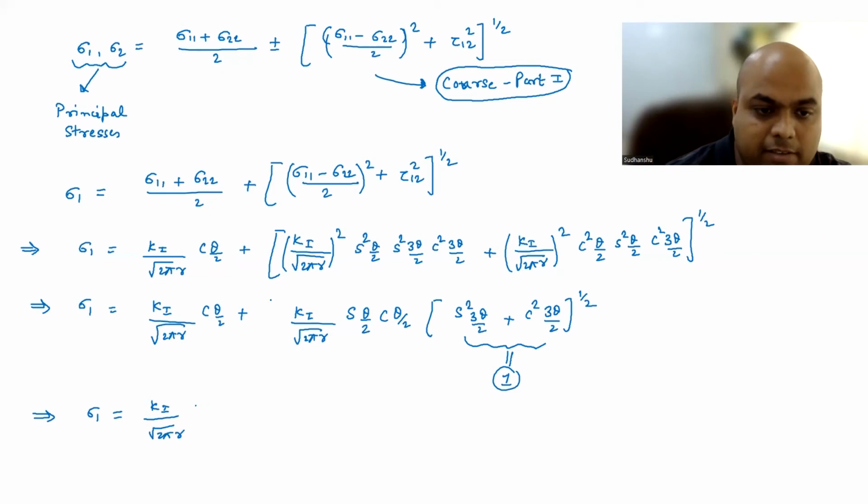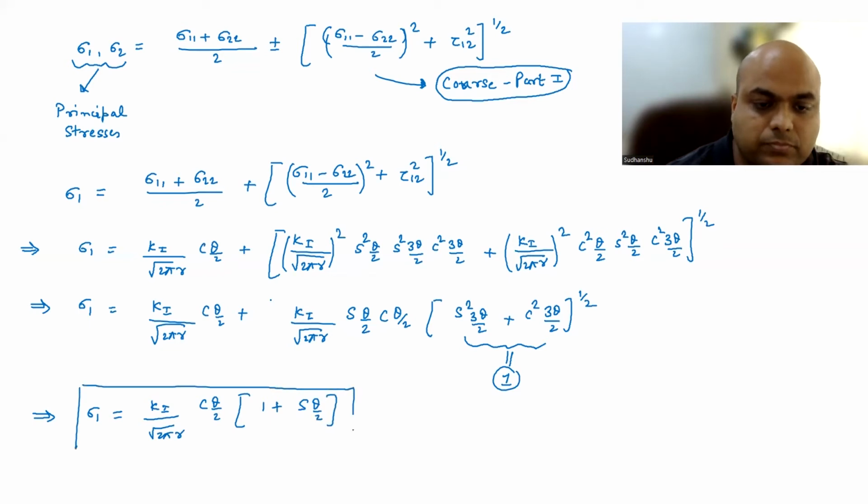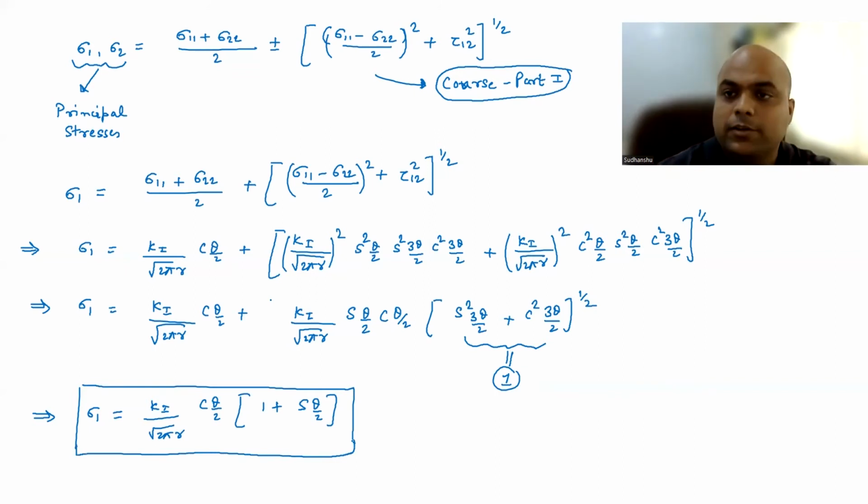Okay, and then let's take out c theta by 2 outside. So we are left with s theta by 2. Okay, so we know one of the principal stresses in terms of theta. Now in the crack plane, if you remember, sigma 1 and sigma 2 both are equal, and if you put theta equal to 0, you are going to get sigma 1 equal to sigma 2.